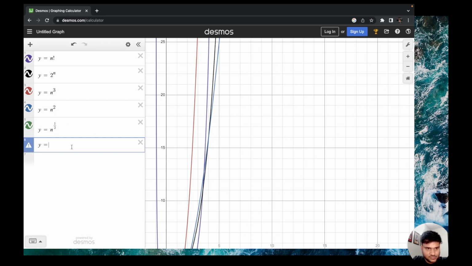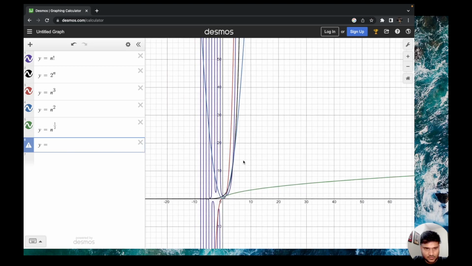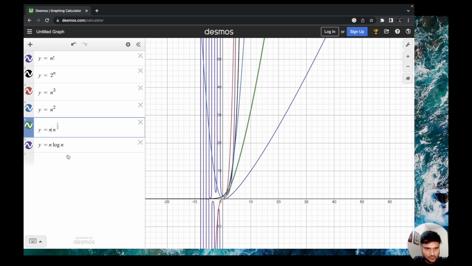This is y is equal to root n, this green line. This is y is equal to n log n, and it should be n into root n.